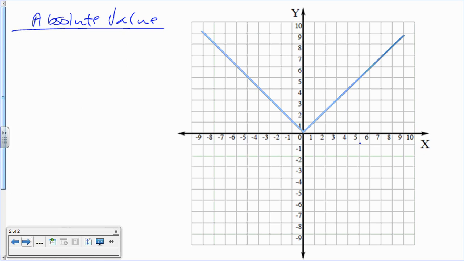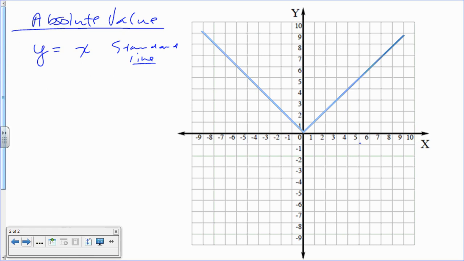Okay, what do you think the parent graph of the absolute value is? If a straight line is y equals x, this is just a standard line, right? What would it be for an absolute value?